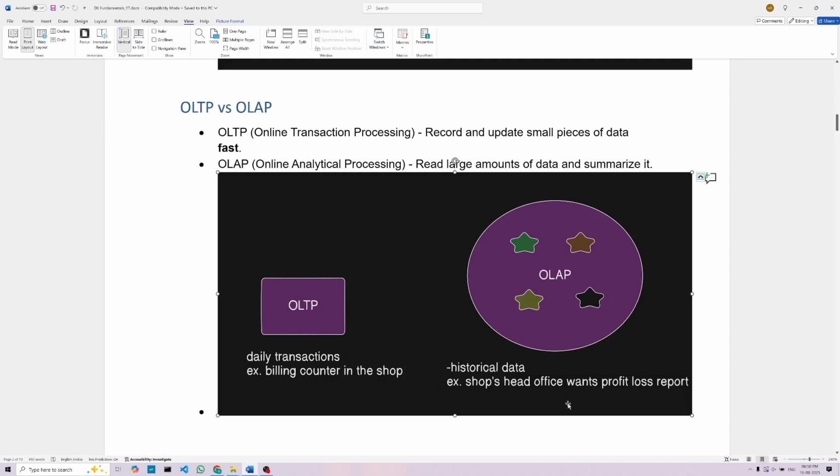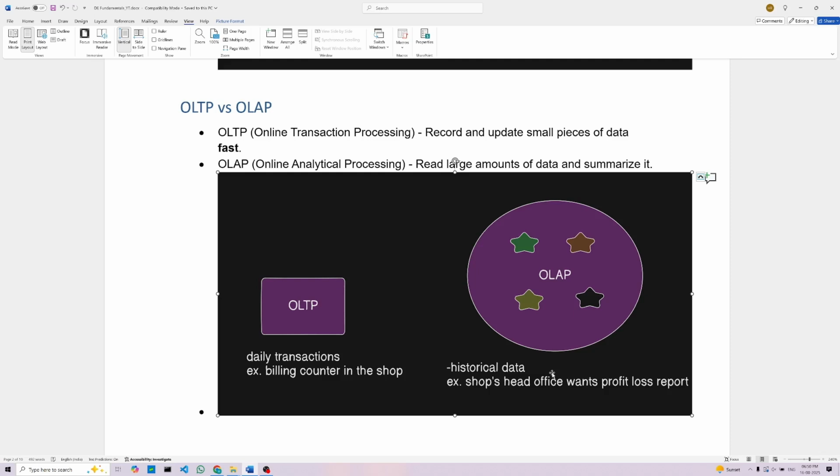And the second one, we are not using it daily. Let's say the shop's head office. The general manager wants historical data. Let's say he wants a profit loss report at the end of the month, or sometimes even at the end of the year.